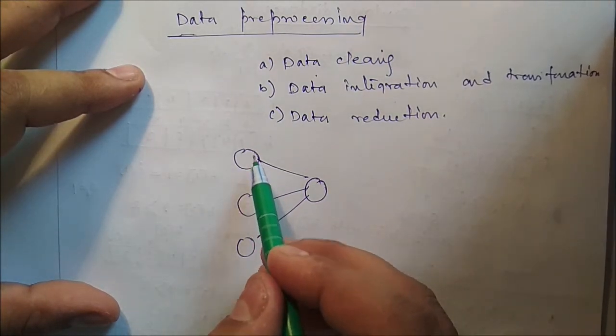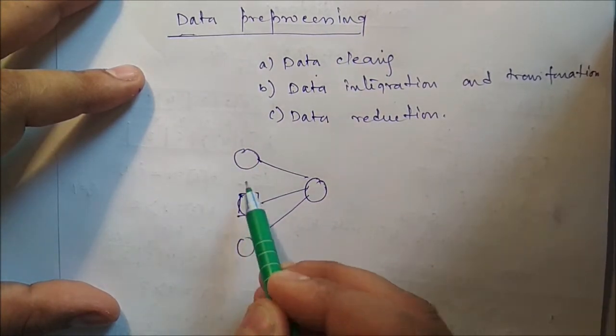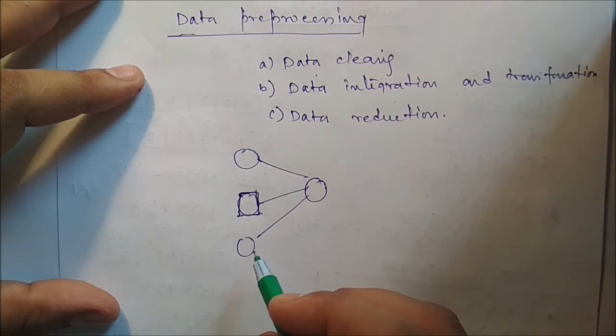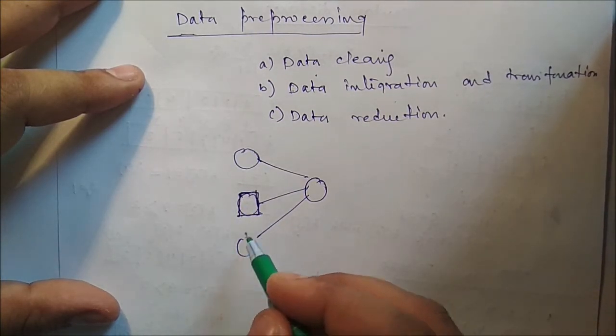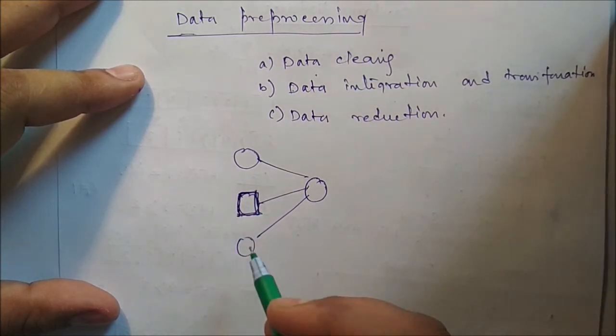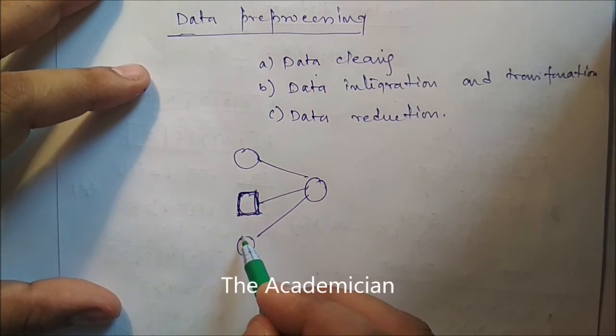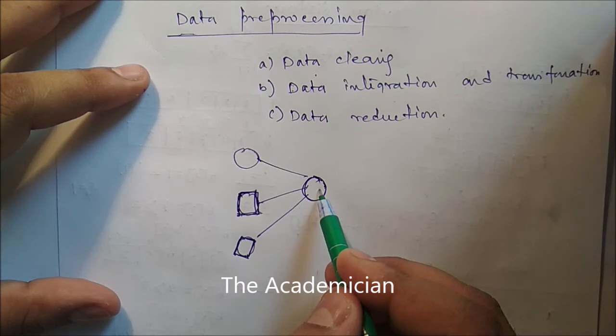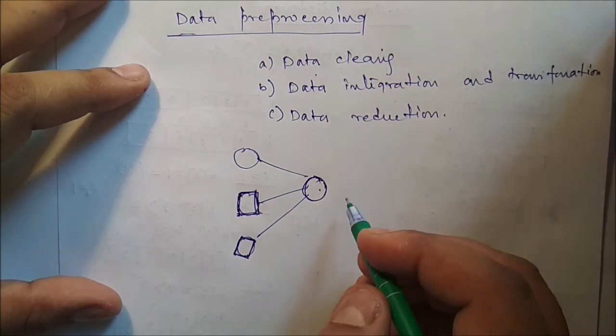The schema may be different, the database software may be different, the data types and data formats are different. We integrate all this huge data into a single database to apply data mining.